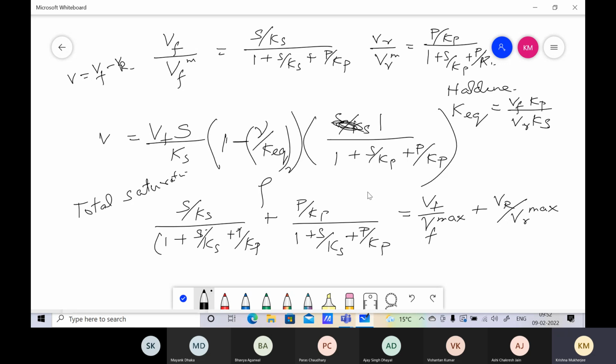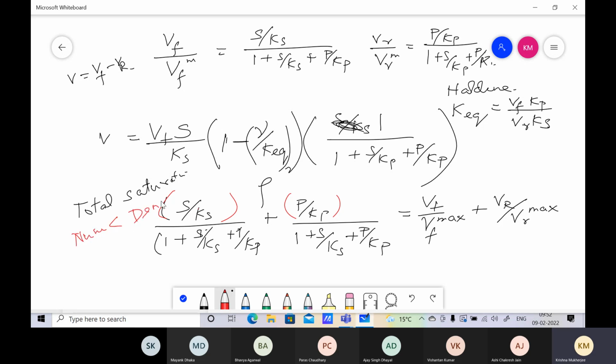And notice that the numerator is always less than the denominator. This numerator here is the total saturation, and because the denominator is 1 plus this, the numerator is always less than the denominator.